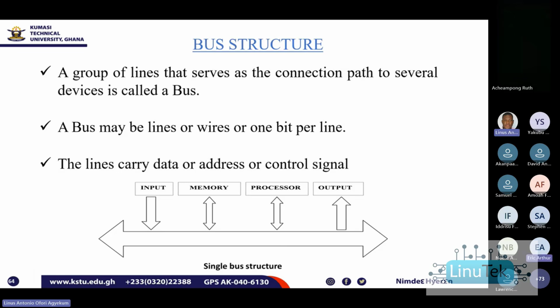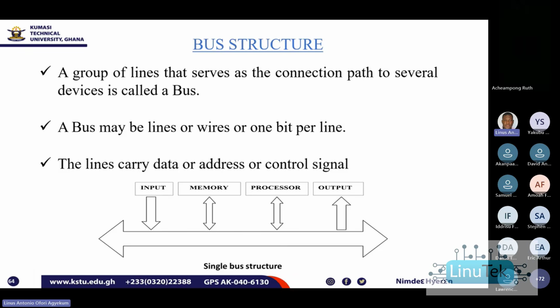And these are normally lines or wires. These normally will carry data signals, address signals, or control signals. The illustration you see there is basically an illustration of a single bus structure.